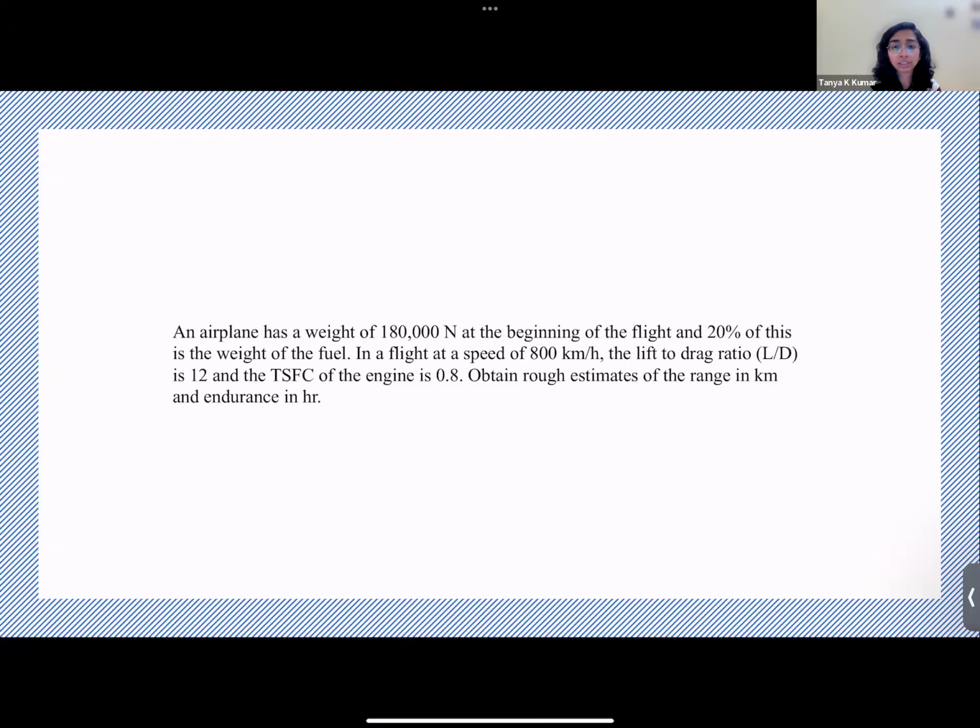Obtain rough estimates of the range in kilometer and endurance in hour. Okay, so they've asked you for rough estimates. Take average values and try doing it. Take a few minutes to do this, and then we'll do it together. Think about all the values given in the question, and see how you can find estimates of range and endurance.